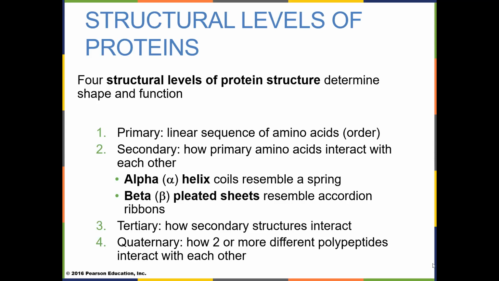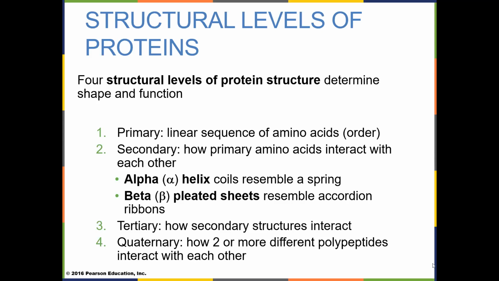An alpha helix shows up where we have a lot of elasticity, a lot of rebounding. The elastic protein in our skin is made up of lots of alpha helix structures. The coils can expand and contract, and come back to their original shape. So the elasticity we get from our skin and in cartilage, places where we have give and take, we're going to have a lot of alpha helix.